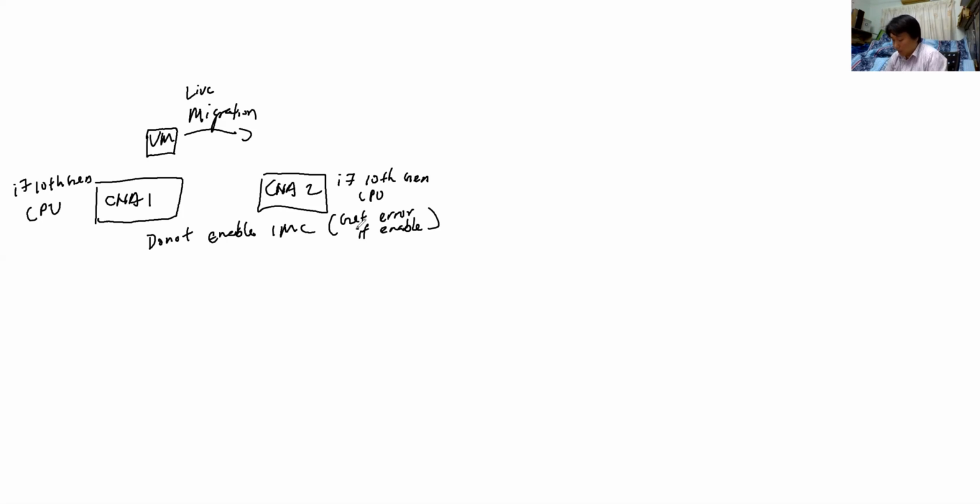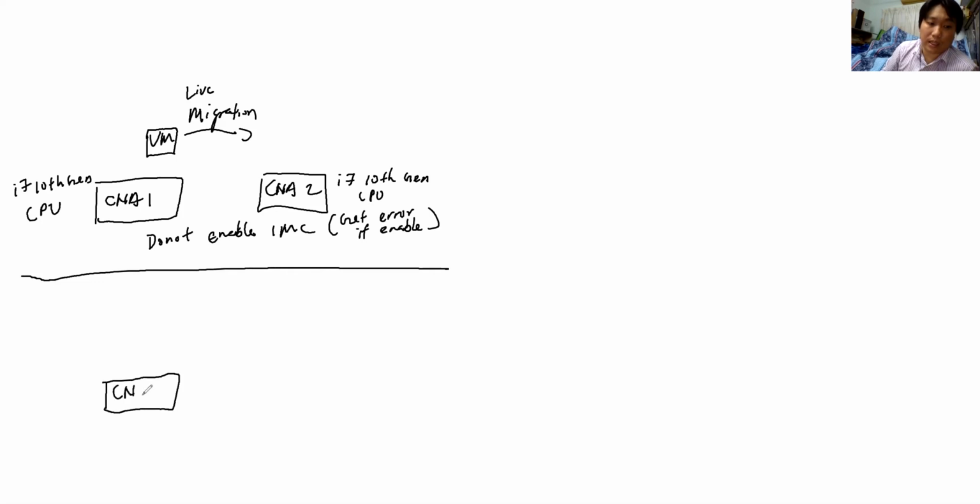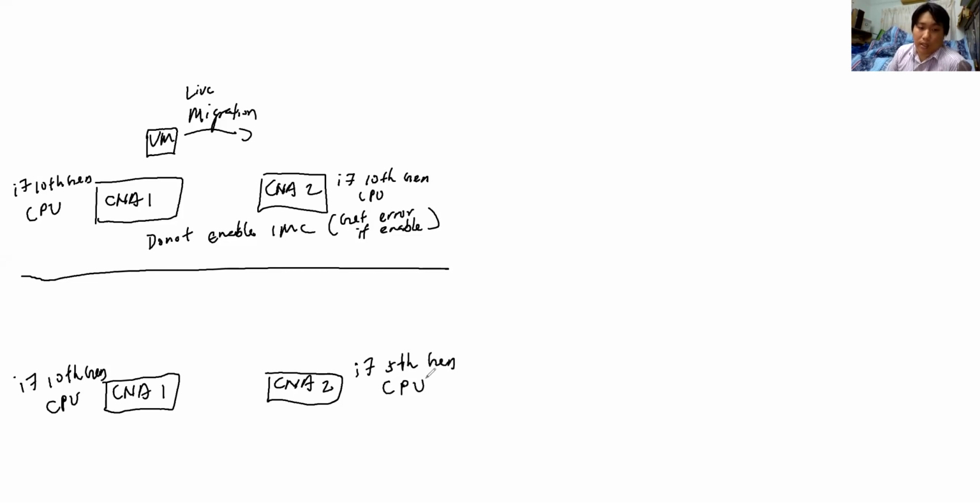So if you're not using different models or generations of CPU, do not enable IMC on the virtual cluster. If you would like to facilitate live migration for different CPUs, for example, CNA1 is a 10th gen i7 and CNA2 is maybe an i7 5th gen, then this is too big a difference.